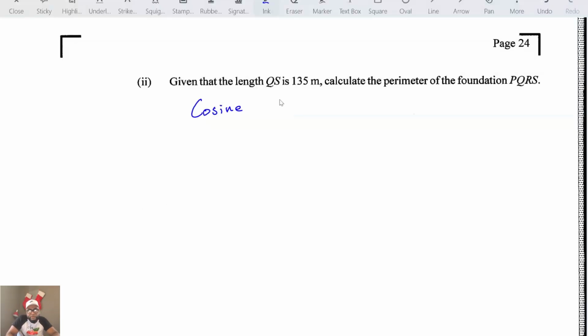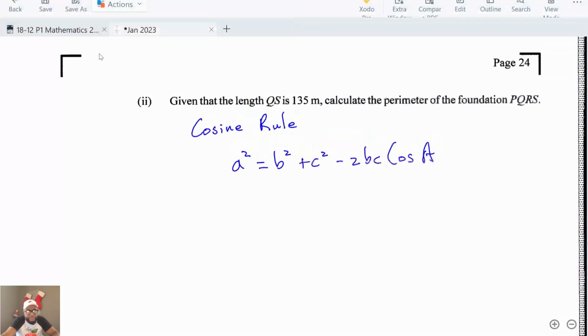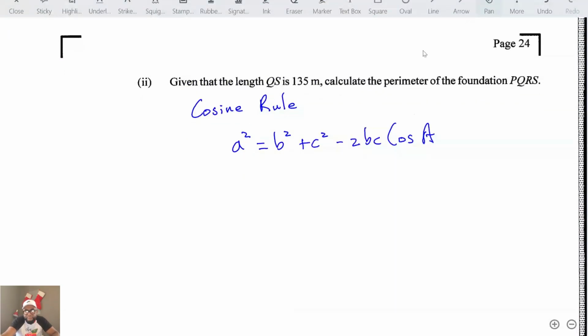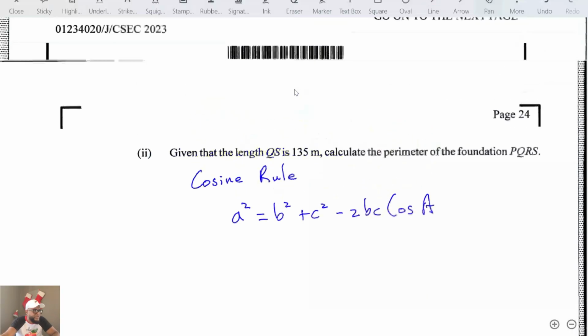Cosine rule is a squared is equal to b squared plus c squared minus 2bc cos of capital A. A squared will be the side we're trying to find. What is our side? PS. That's not QS, QS is 135 here.